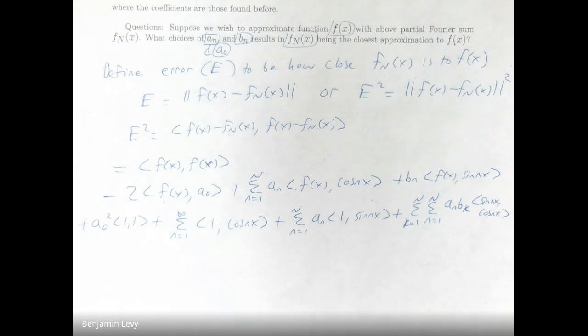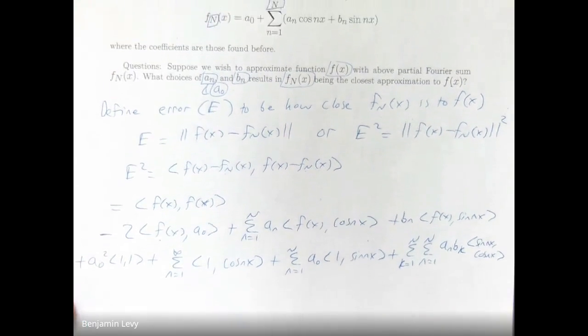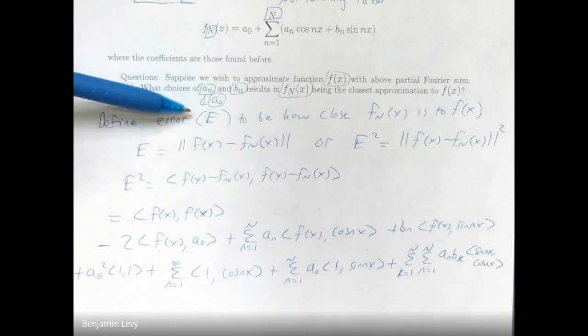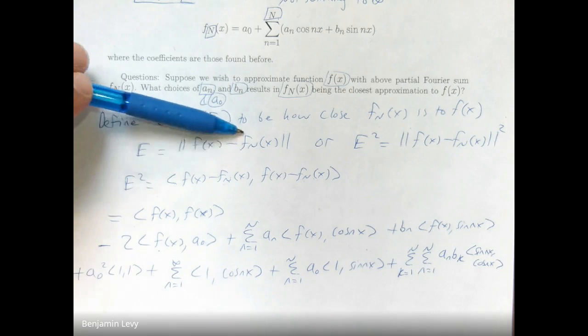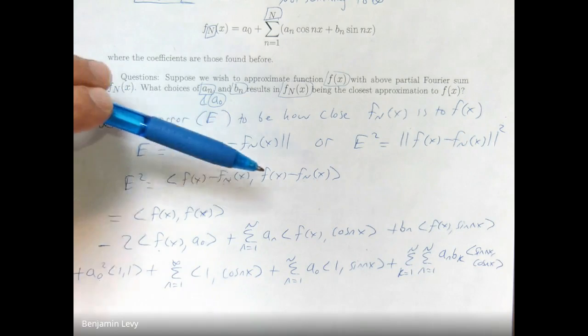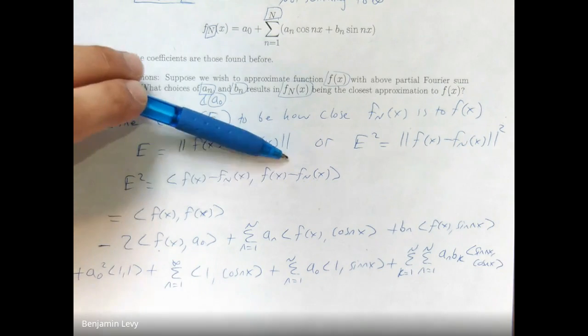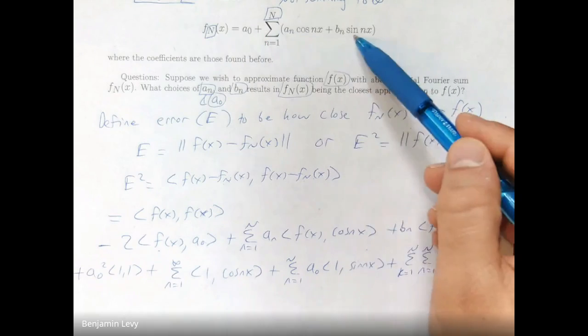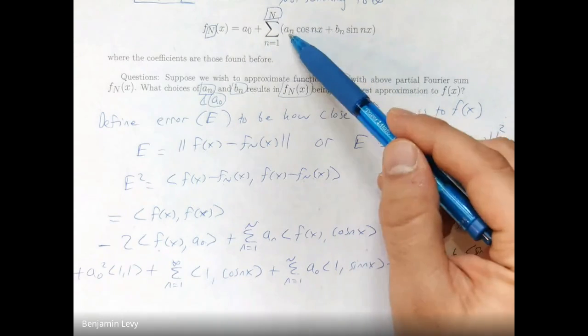I'm just going to pause there a second and say again what we just did. I wrote down the expression for the error, which is the norm of the difference between the function and the approximation. We know that that's an inner product thing, so I wrote down the definition of a norm. And then I substituted in the expression for f_n, which is three separate terms, including an infinite sum, right?